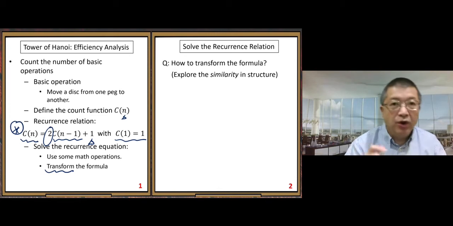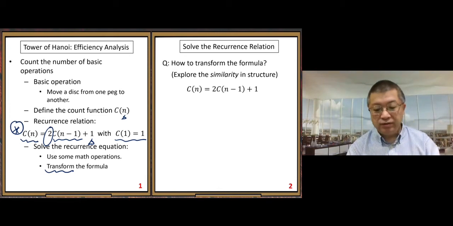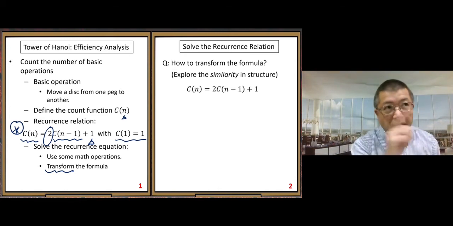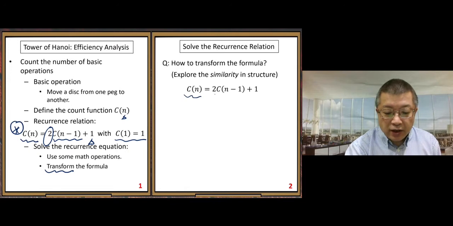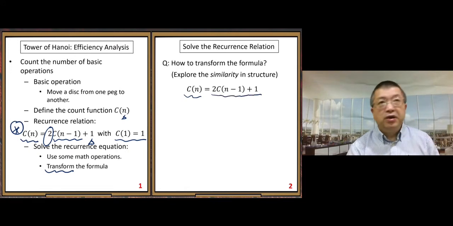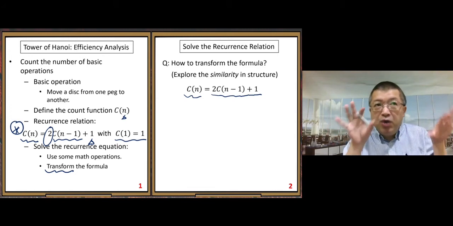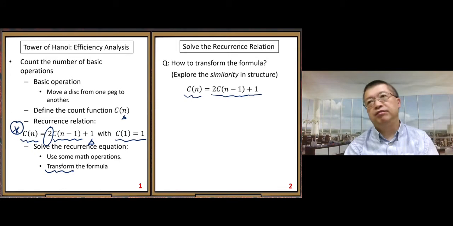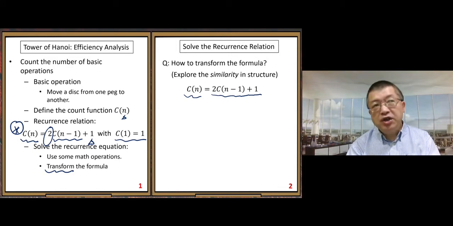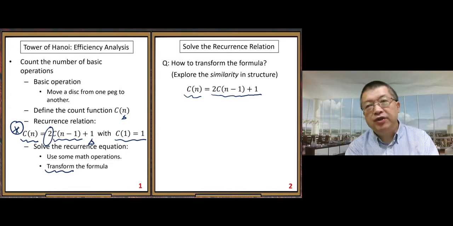In our original recurrence relation, we don't have it. You can see the two sides of the equation: C of n, and 2 times C of n minus 1 plus 1. The expression structures at both sides are different. If the structure is different, then you cannot take advantage of the similarity.